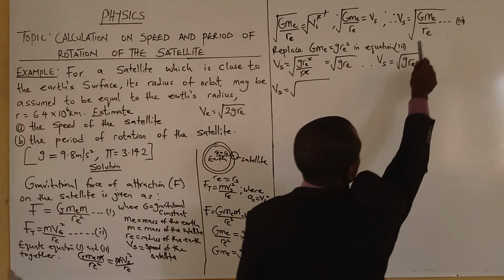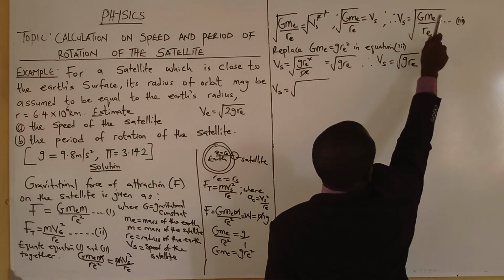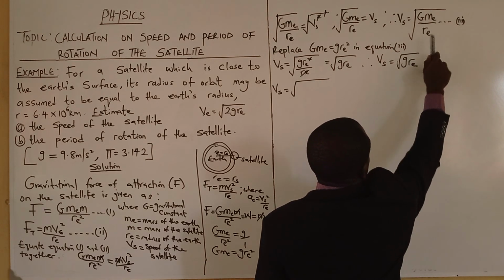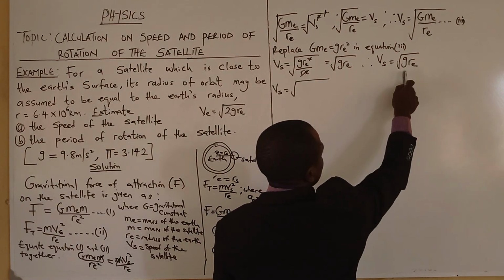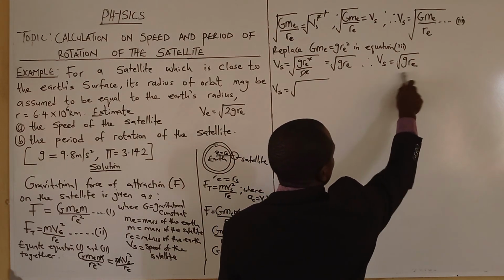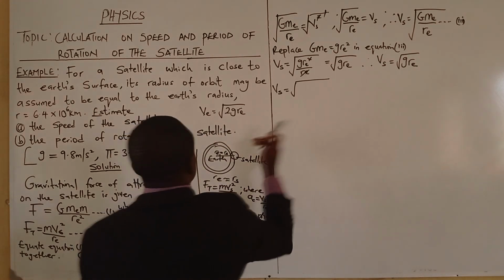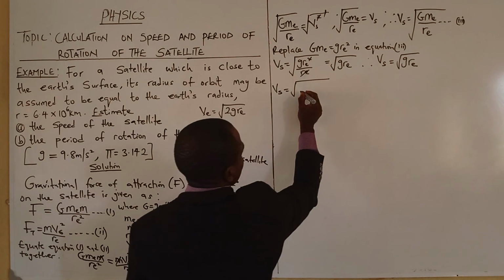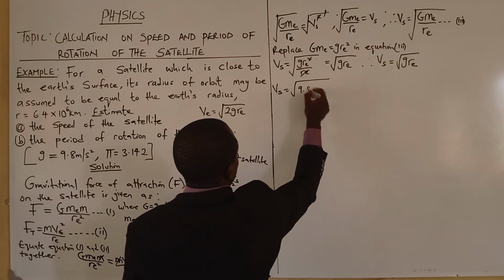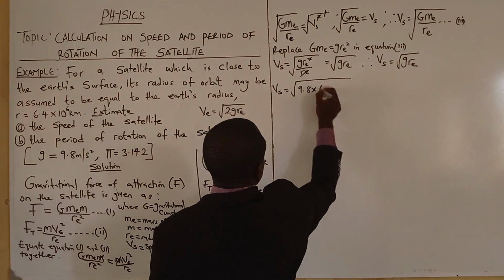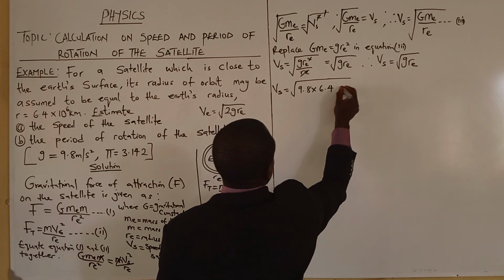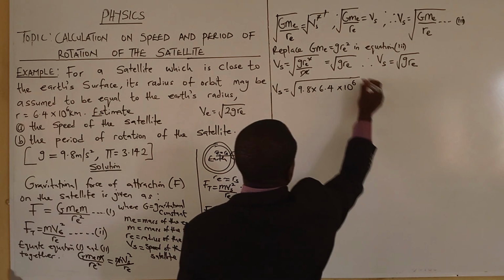Now, let's look for the speed of the satellite. You can either use this if you are given the gravitational constant, the mass of the earth, and the radius of the earth. But when you are not given the mass of the earth and gravitational constant, you make use of g RE. So you have g to be 9.8 times the radius of the earth, 6.4 times 10 to the power 6.